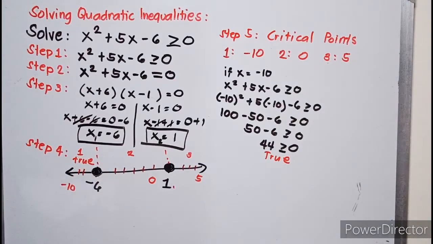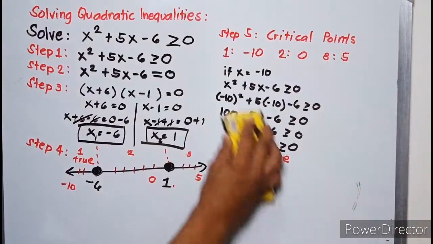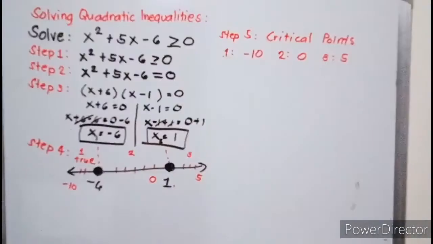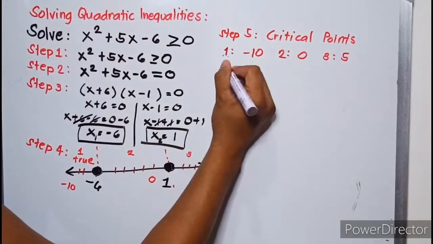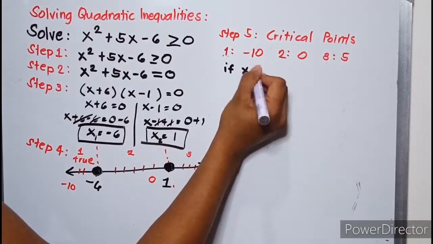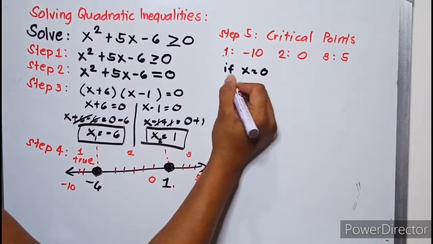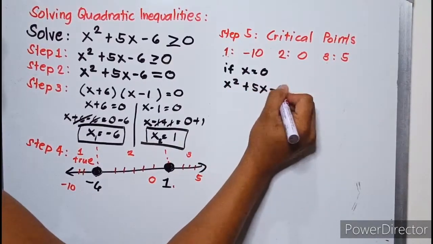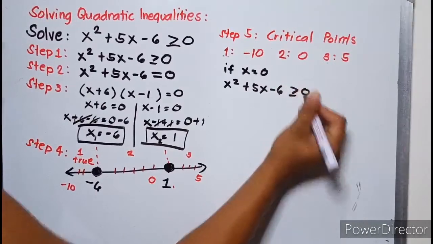Okay. Then, how about if x is equal to 0? So, x squared plus 5x minus 6 is greater than or equal to 0.